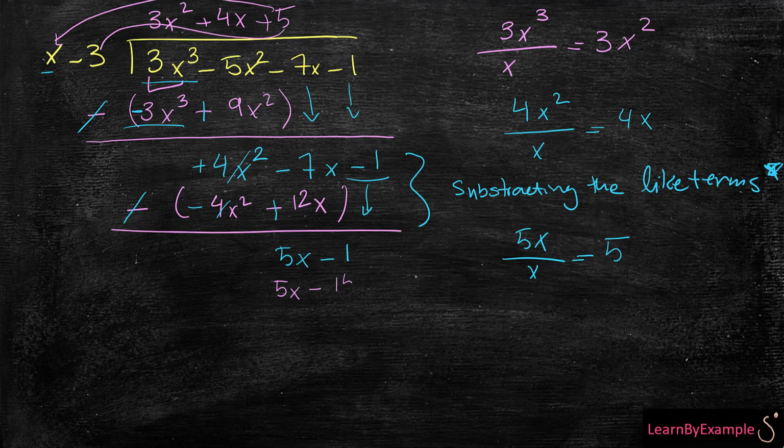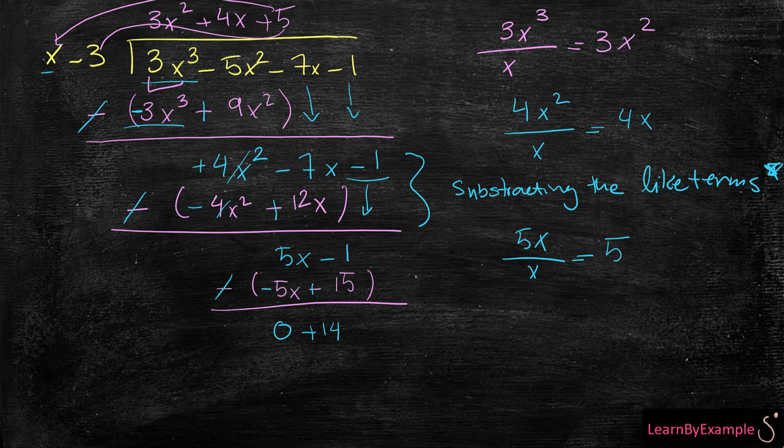It is negative 15. And then guess what? We're going to subtract them from each other. And I'm going to multiply this negative to the whole expression here. I'm going to get rid of this. So I have 5x minus 5x, 0. Negative 1 plus 15 is just 14.